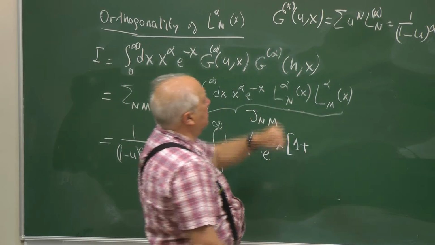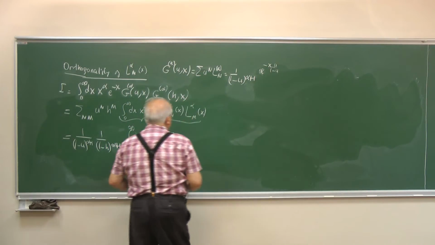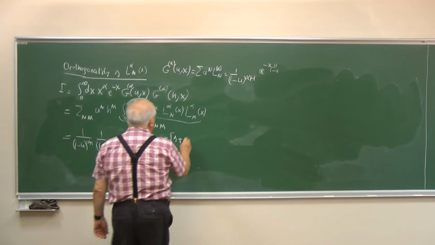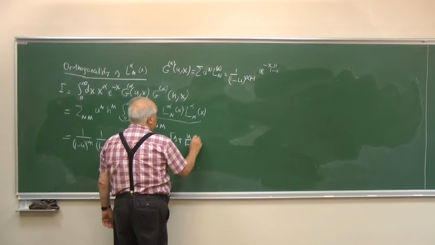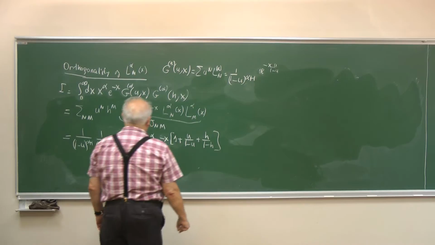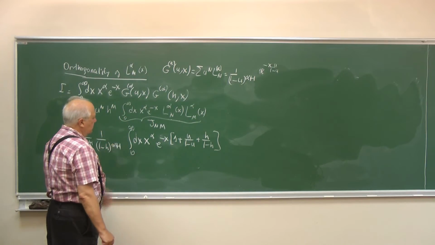Now I will write one with g u x, the other one with g h x. Minus x plus u over 1 minus u plus h over 1 minus h. And we will take this integral.